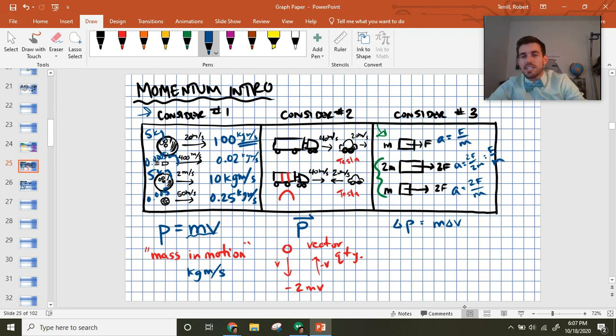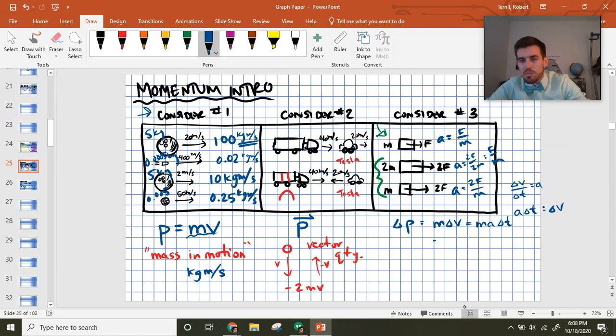And so our next piece is we could think about that in a slightly different way, where we could say delta v over delta t is equal to acceleration. So acceleration times delta t would be equal to delta v. So I can put that in there, and I can say m a times delta t is equal to the change in momentum.